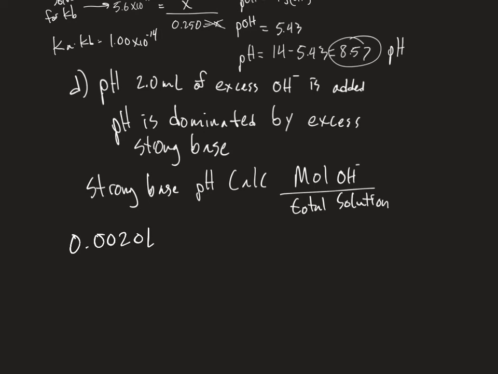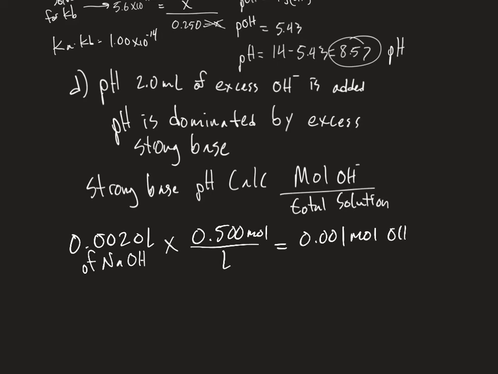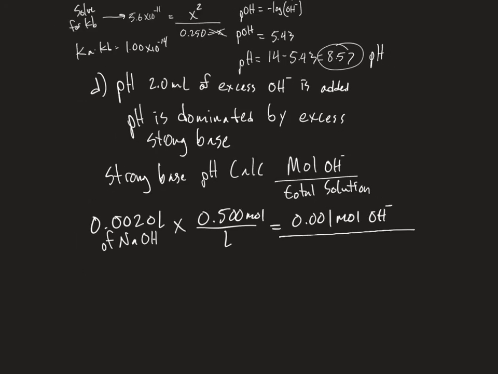So 0.002 liters of NaOH is added. How many moles of OH minus was added? Well, we just multiply by its molarity. There's 0.5 moles per liter. So that's how many moles of OH minus is added. And we need to divide that by total solution volume.